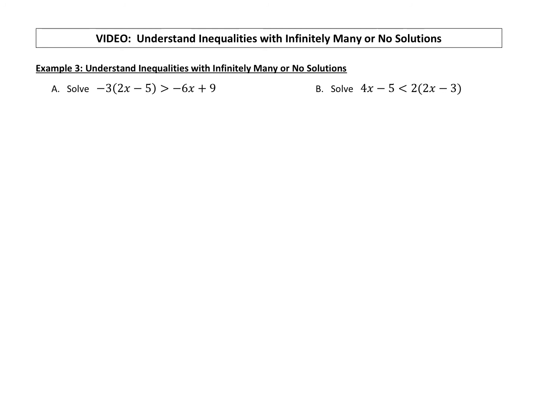So let's start solving this first example. We've got some distributing to do here with that -3. So -3 times 2x is -6x. -3 times -5 turns positive, is greater than -6x plus 9. There is no distributing over there, so we just carried it down.